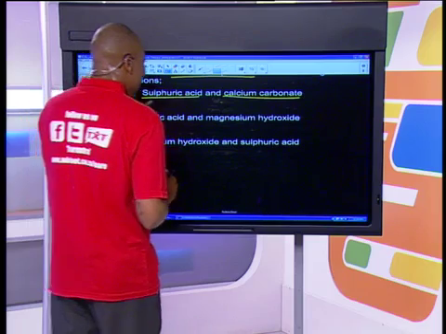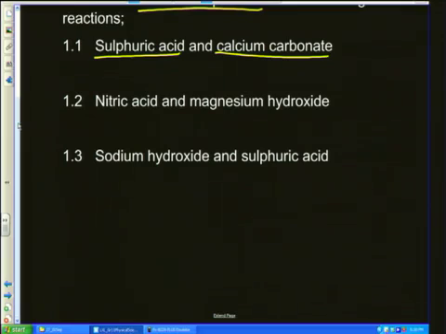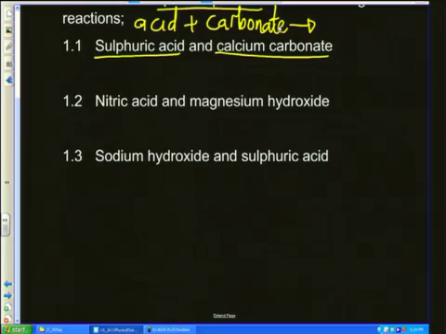So here you have an acid reacting with a carbonate. If I have an acid reacting with a carbonate, I know that the product is going to be salt plus water plus carbon dioxide.